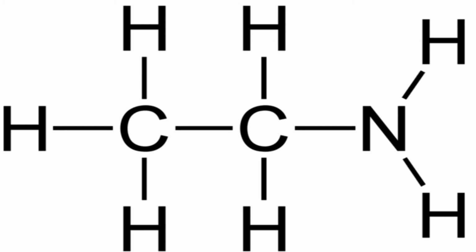And now to determine the shape of each central atom, for carbon 1 and carbon 2, it'll be tetrahedral due to both of them having 4 electron domains. And then nitrogen, although it has 4 electron domains, has that lone pair, so it has a shape of trigonal pyramidal. Although the carbon and nitrogen have slightly different shapes, they both share the same bond angle of 109.5.